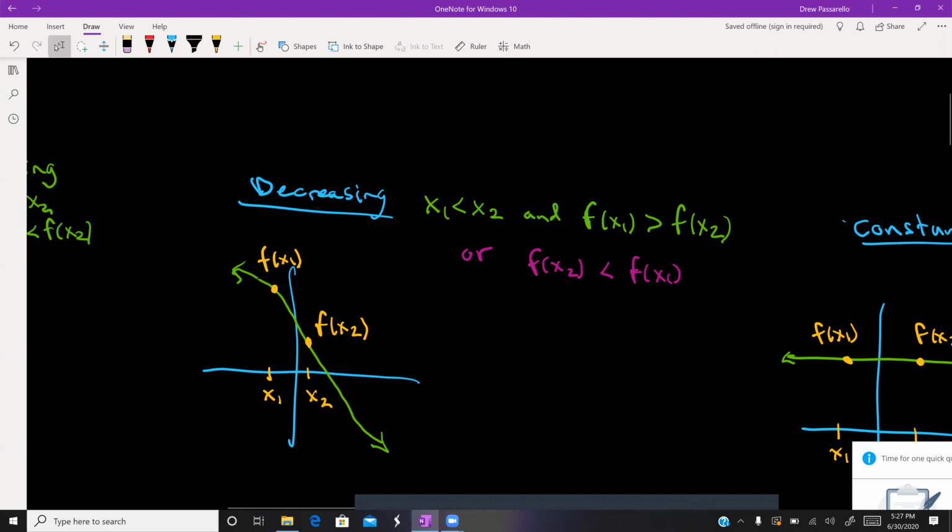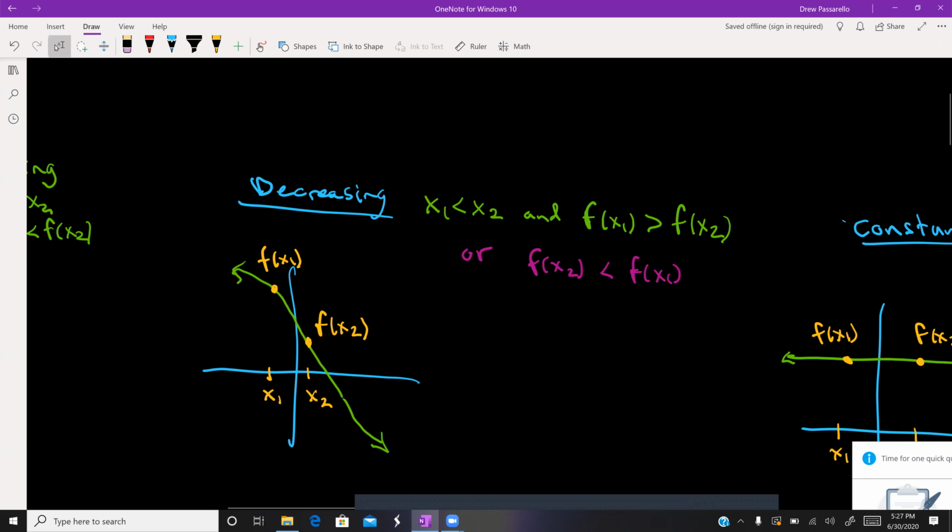Writing it so that it stays as a less than sign, it's the y-coordinate of the second point less than the y-coordinate of the first point. So that decreasing function, reading it from left to right, is going down.